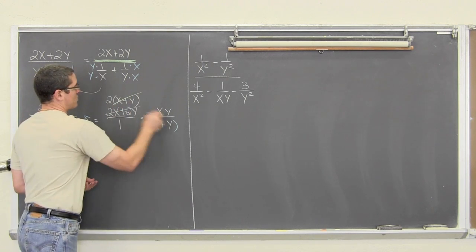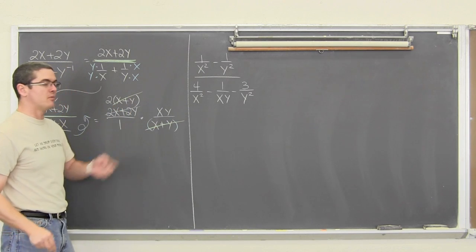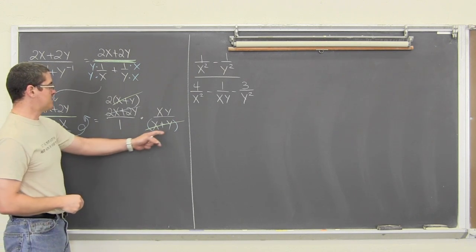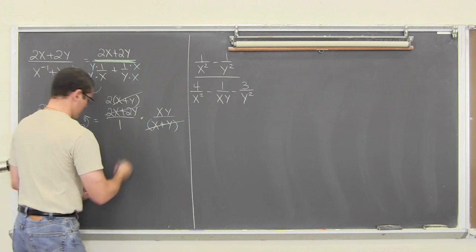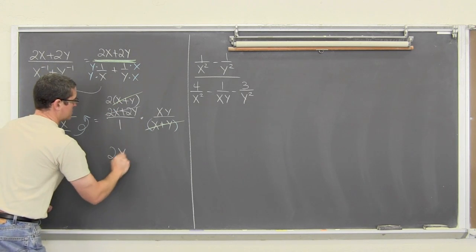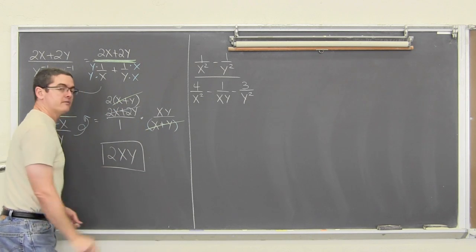So those x plus y's as common factors across the multiplication symbol are going to cancel out. And so this just becomes 1, so 1 times 1 is 1, and the numerator is 2 times xy, and that is the end of our problem.